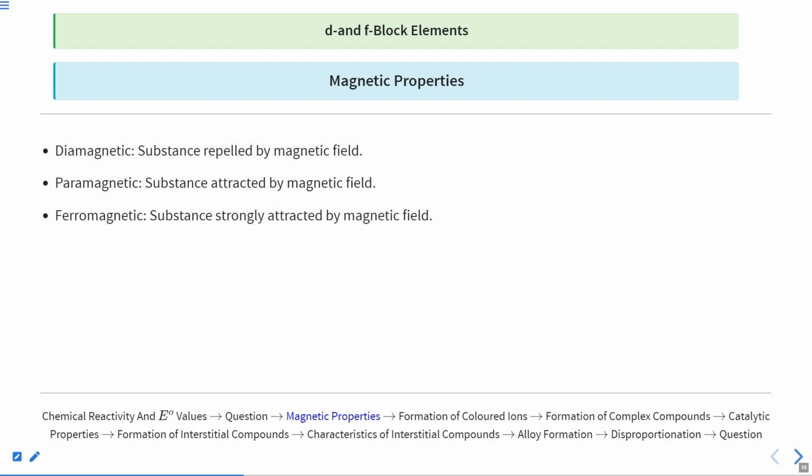The third is ferromagnetic, which are strongly attracted by the magnetic field. Ferro is related to the word iron, because iron has the greater tendency to be attracted towards a magnet. As compared to iron, all others are feebly attracted. The ones which are strongly attracted are called ferromagnetic.